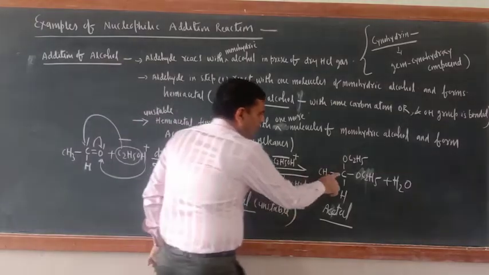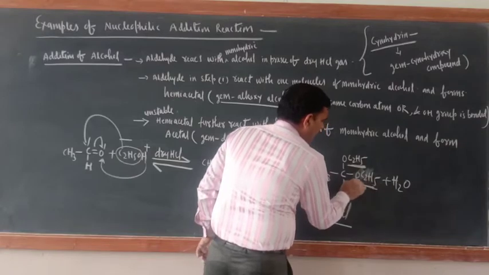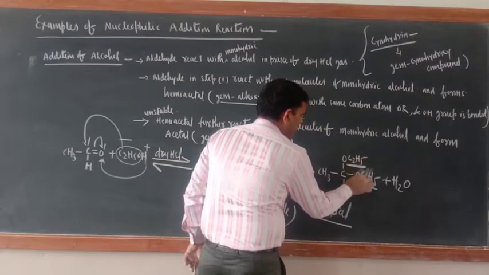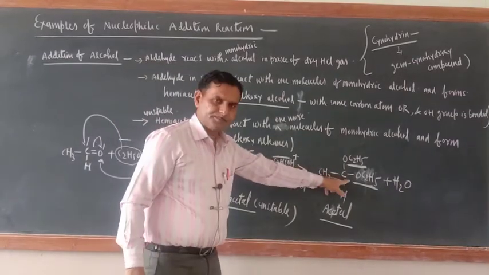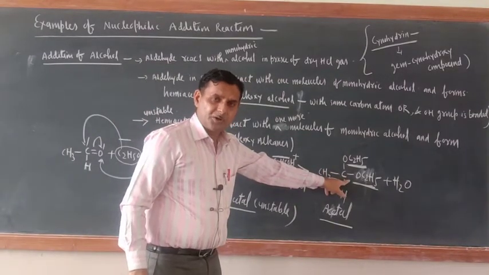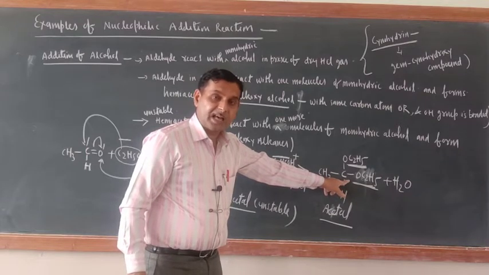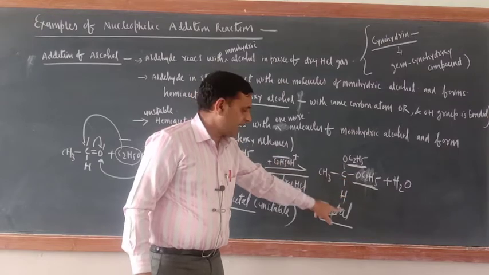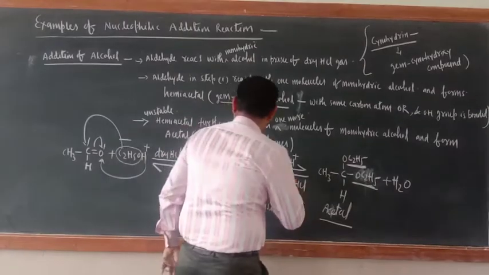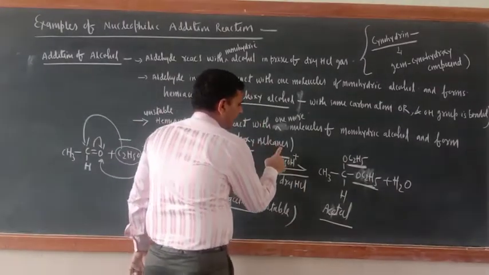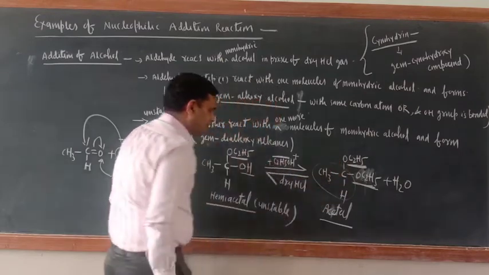With the same carbon atom, two ether groups are bonded, OC2H5 and OC2H5. We can say with the same carbon atom two ether groups are attached, and in the IUPAC system, ether is known as alkoxy. So gem dialkoxy alkane, because after the alkoxy groups, the remaining part is alkane only.